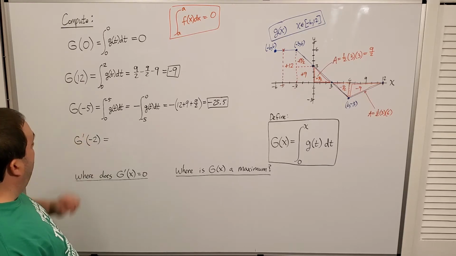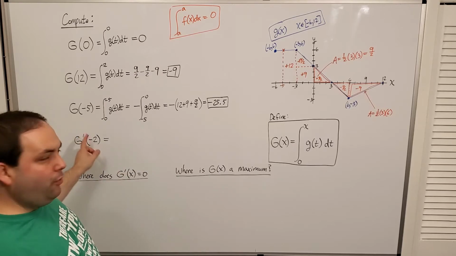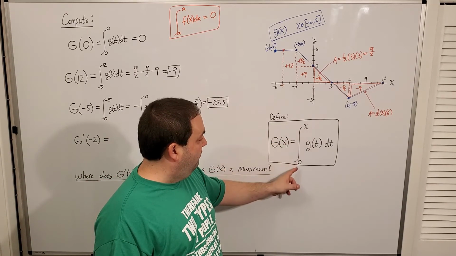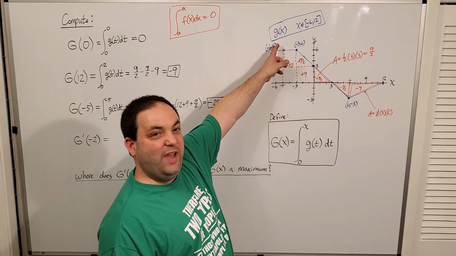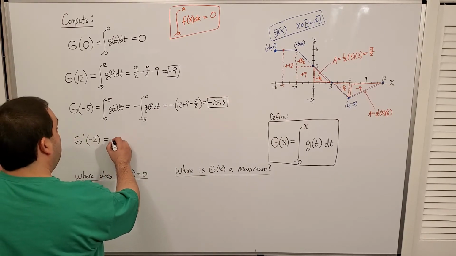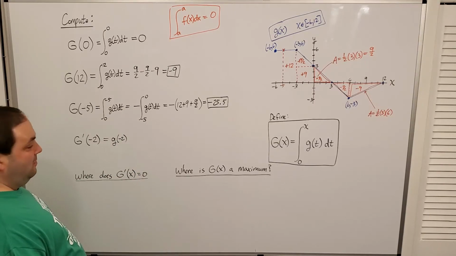G prime of -2. Now wait, let's think for a second. What's G prime according to our fundamental theorem? The derivative of the thing that has x in the integral is just g of x. So what's g, little g, of -2 is what this is, right?